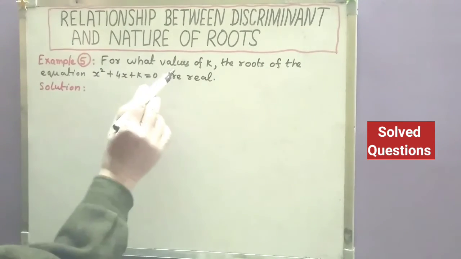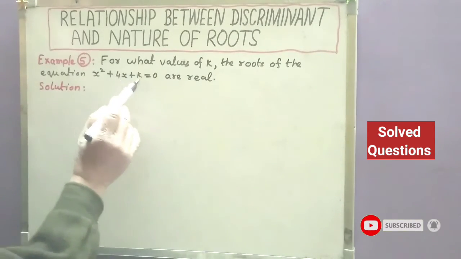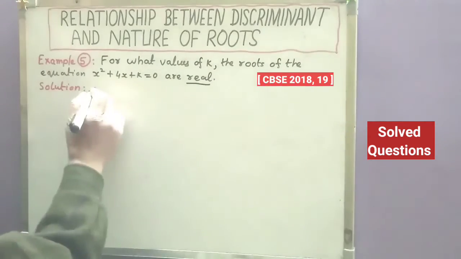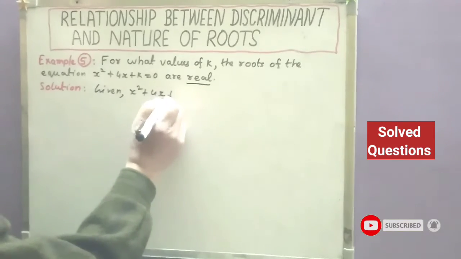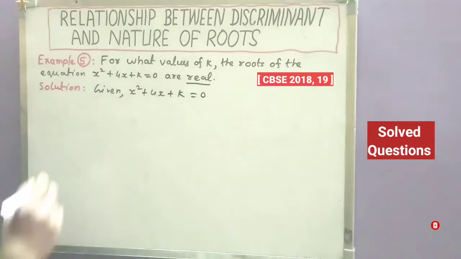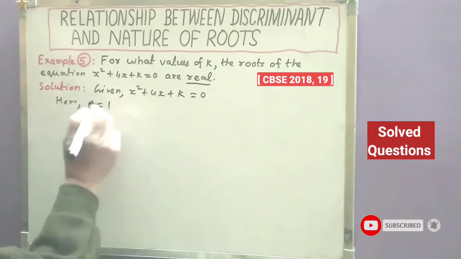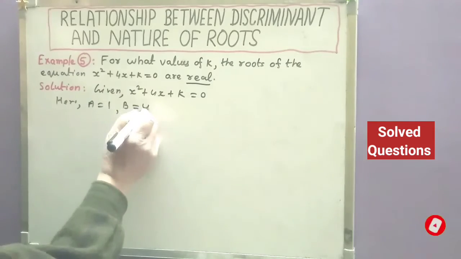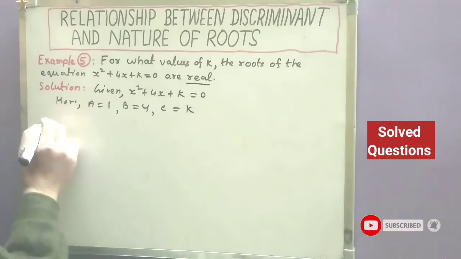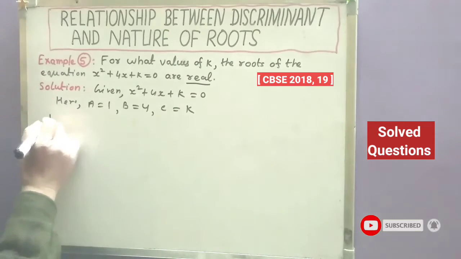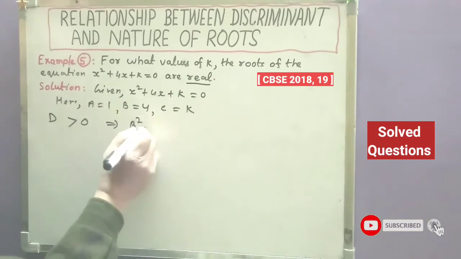Example 5. For what values of k the roots of the equation x² + 4x + k = 0 are real? Let's solve this question. Given that x² + 4x + k = 0. Comparing it with the standard form of the equation, we get a = 1, b = 4 and c = k. Since the equation has real roots, D ≥ 0.